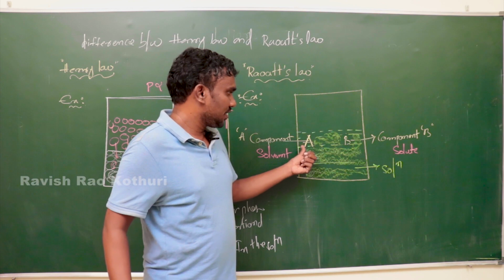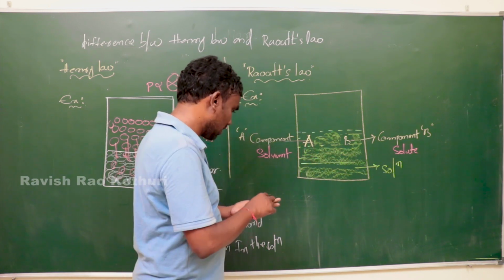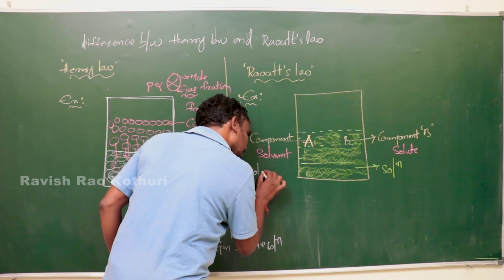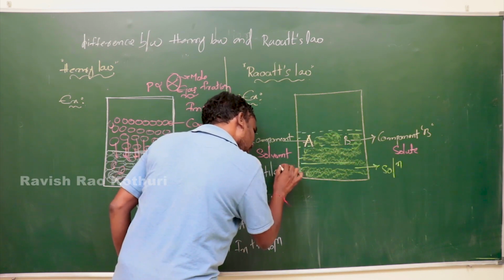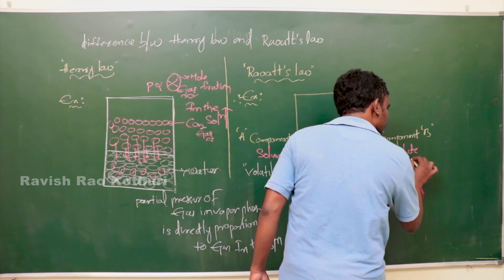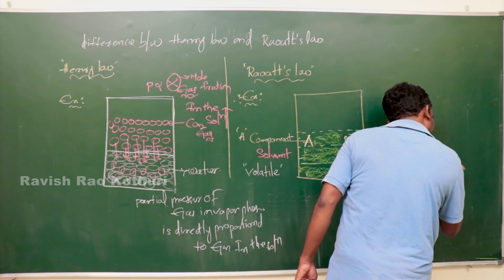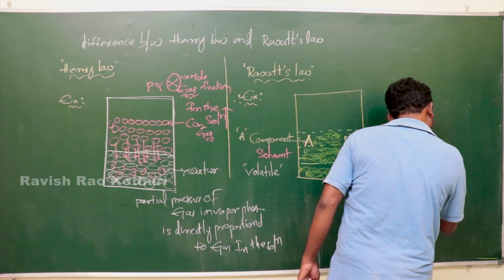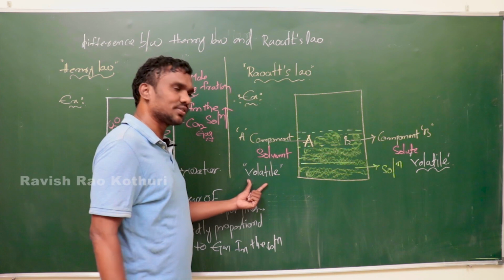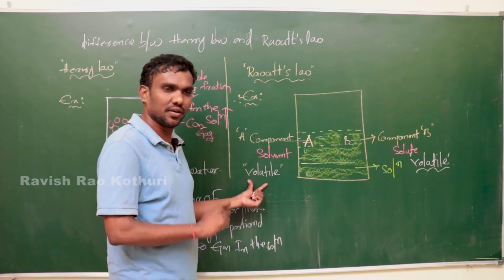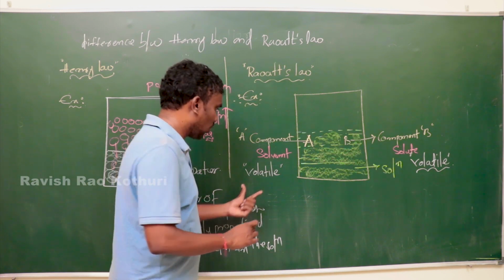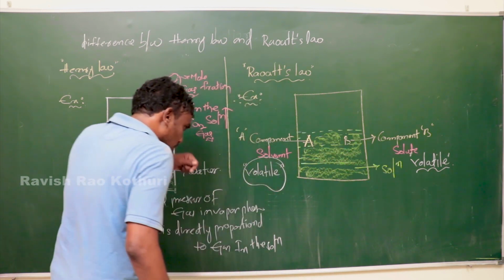This A component is volatile. B component is also volatile in nature. See, sir, what does volatile actually mean? It means easily evaporated.